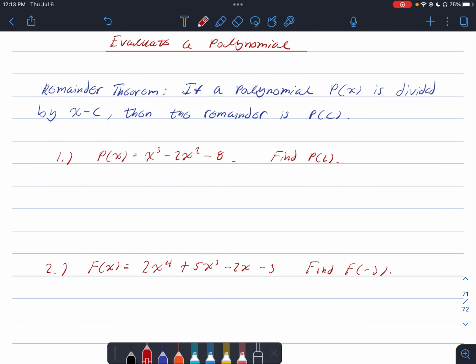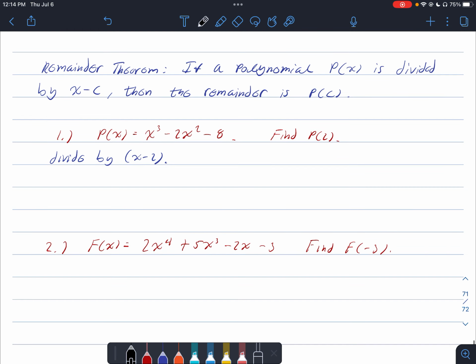So if we want to find p of 2, here in example 1, where we evaluate the polynomial at x equals 2, we can divide this polynomial by x minus 2. We're going to do this using synthetic division.